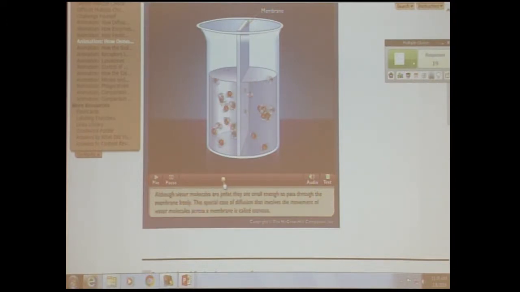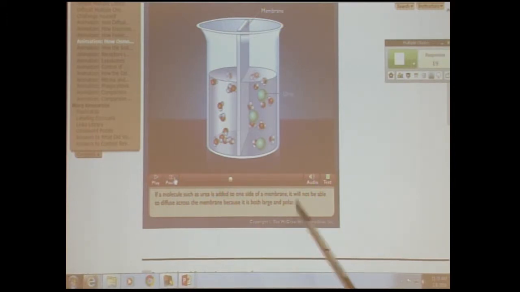Basically, you could imagine left versus right side. One side could be inside the cell, one could be outside, like the solution it's floating in. So right now they're equal, right? Now if you add in some kind of solute, which is this green one, take a look at what happens.